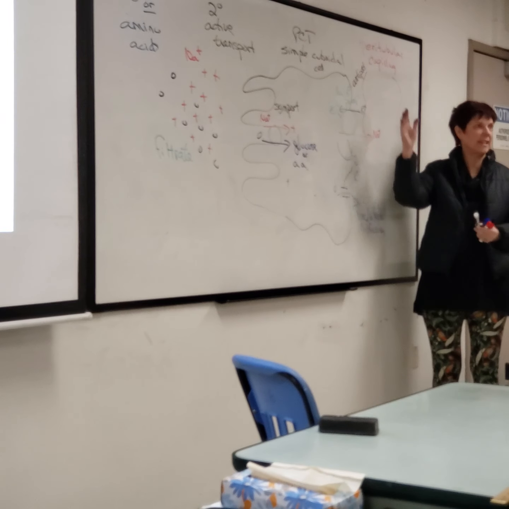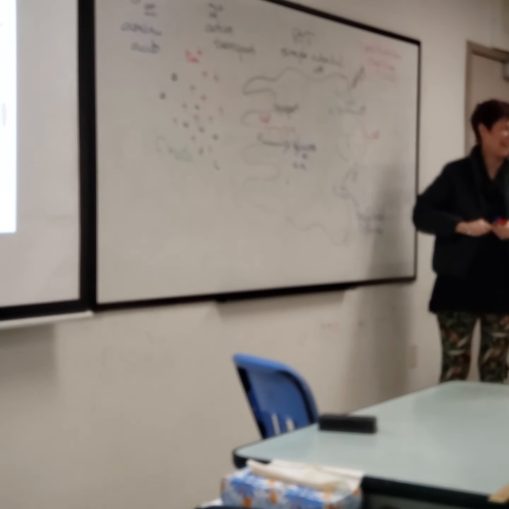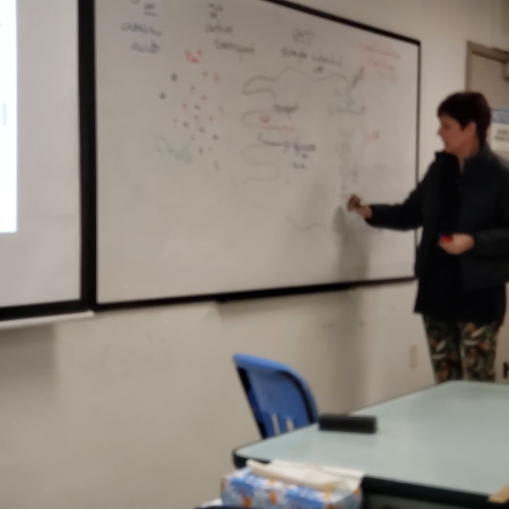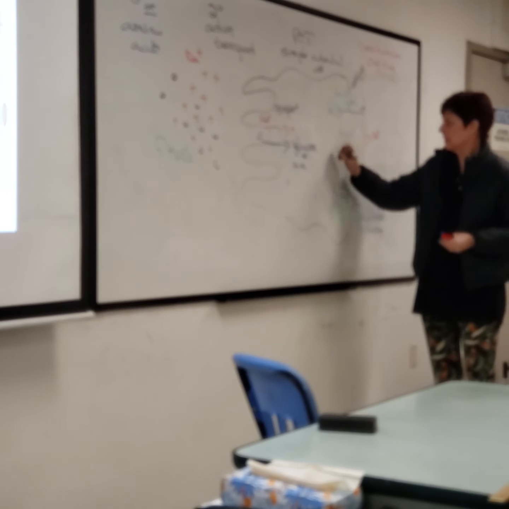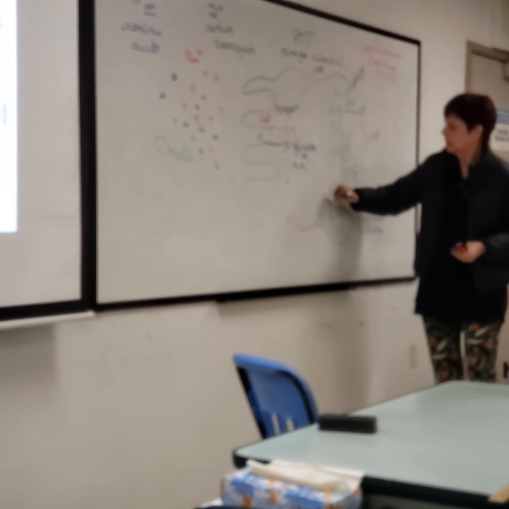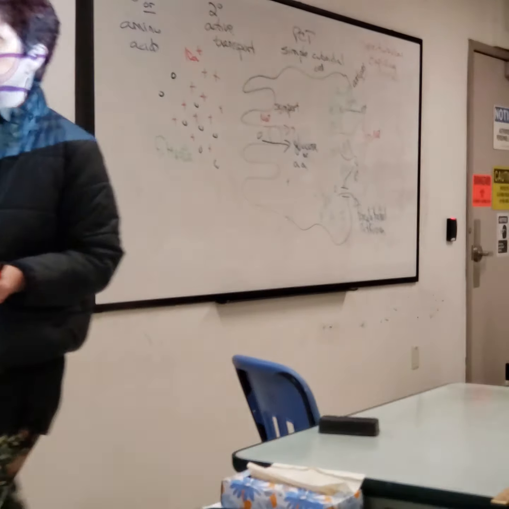Mitochondria. Because that's where we use the ATP, at the bottom of the cell. All right? Good. So we have lots of mitochondria down here to provide the ATP needed for the active transport at the bottom.